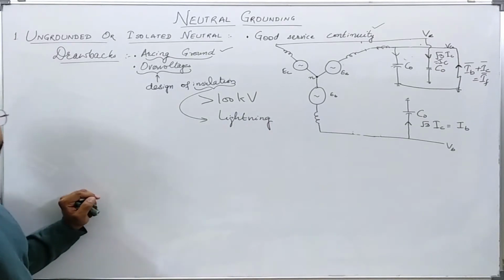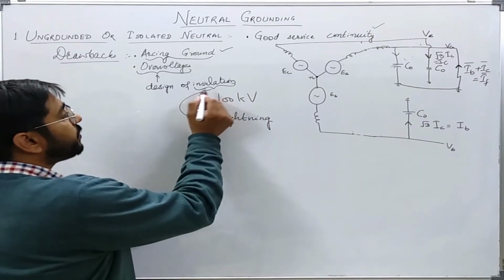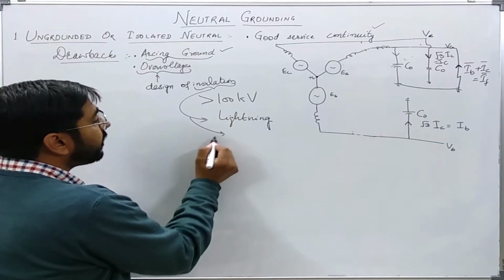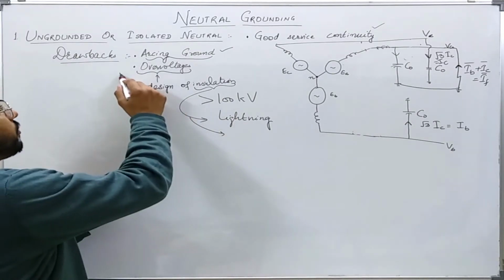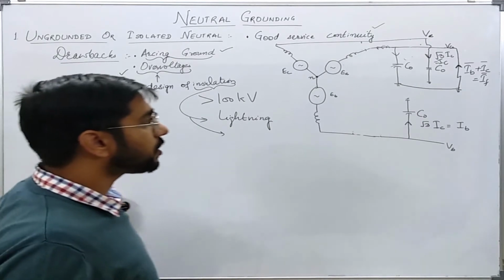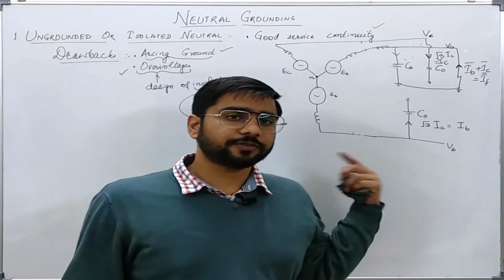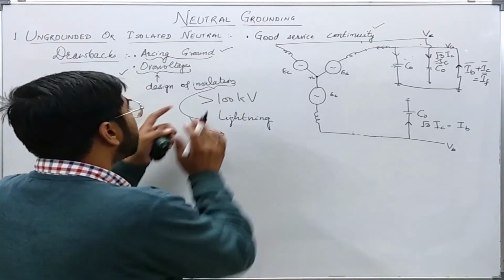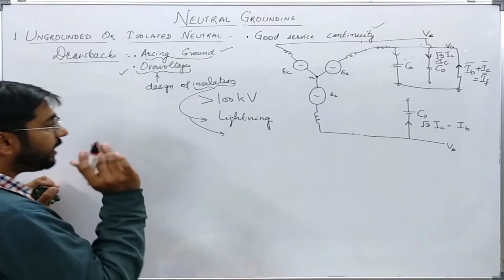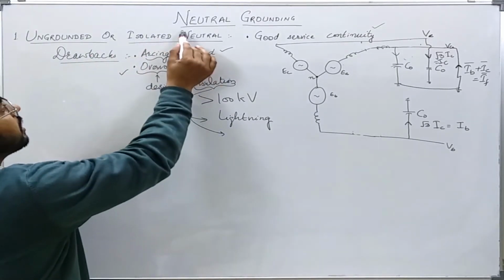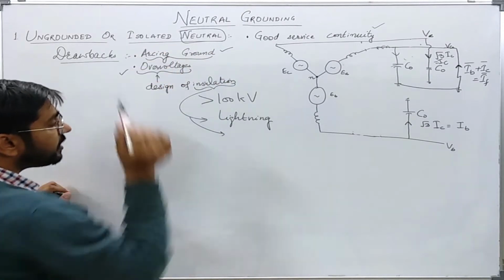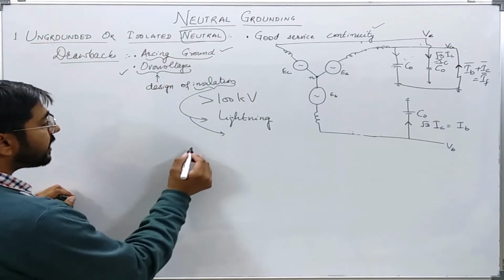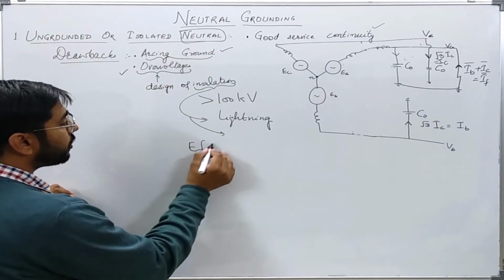However, beyond 100 kV, the insulation is determined by the transient voltages or these kinds of over voltages. So for systems especially above 100 kV, we try that the neutral is grounded, or rather we say that it should be effectively grounded.